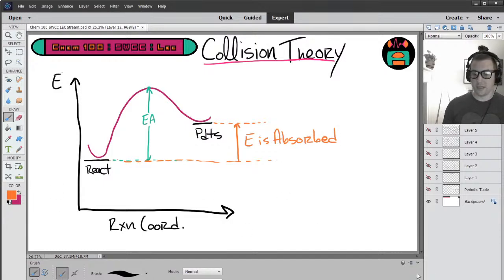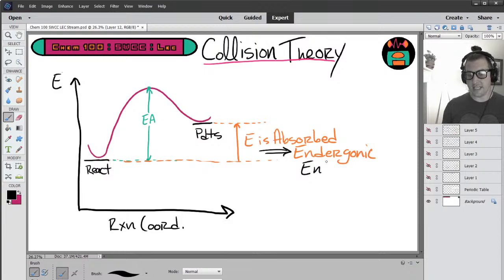Energy is absorbed. This is an endergonic reaction. Which, if it helps you to think about it, you can think of as an endothermic reaction.